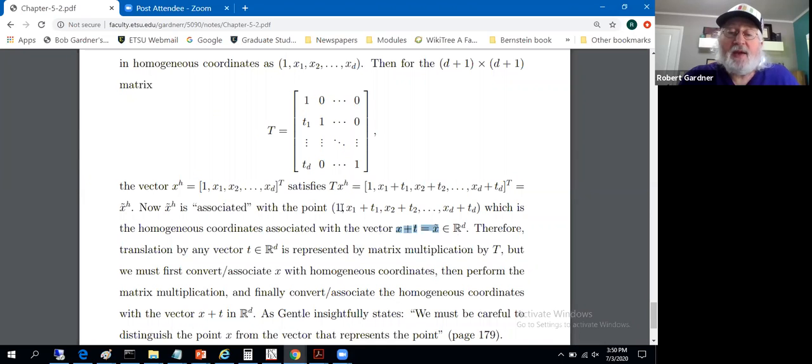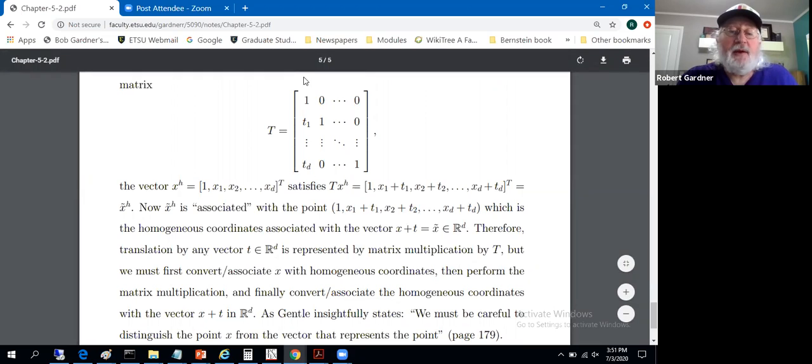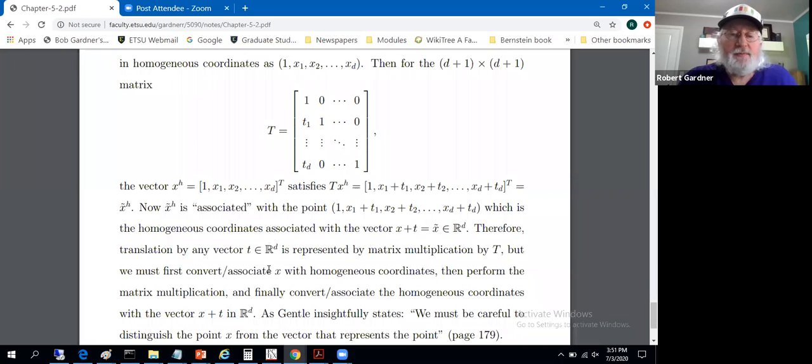So how do you get that vector back out? Drop the 1. Since it's a 1, if it was something different, we'd have to do some division potentially. But just drop the 1, and that'll give you the translated vector. Therefore, translation by any vector t in R^d is represented by matrix multiplication by T, but you had to take the vector x, write it in homogeneous coordinates, that is, convert it, associate it, rewrite it in homogeneous coordinates.